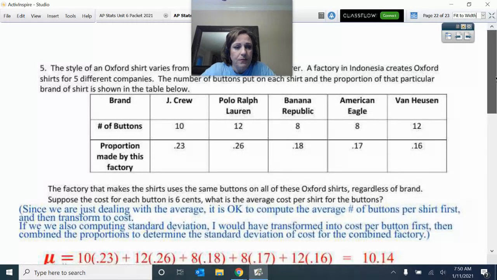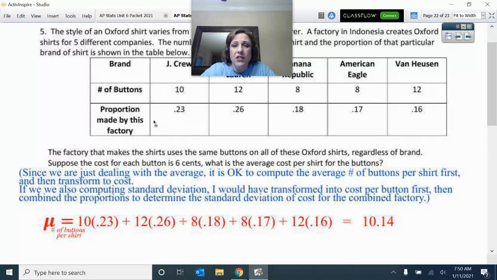Since we're dealing with just the average, it is okay. We're going to come up with that mean of the 10 buttons per shirt, and then times the percent of time, the frequency that happens. So 10 buttons per shirt times that frequency, and so on and so forth.